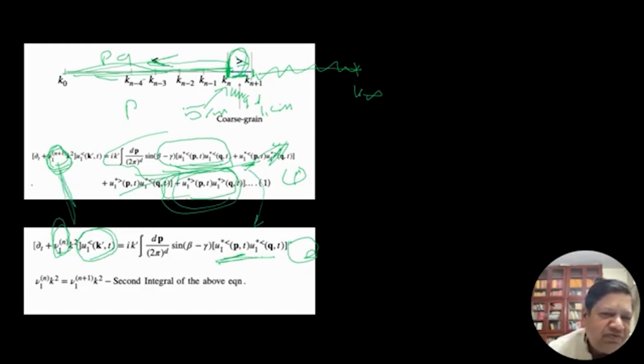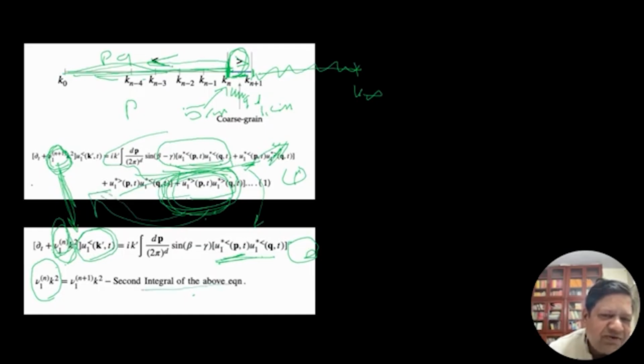Here my nu n plus 1 has changed to nu n, and this term is missing below. So basically my new viscosity, nu 1 n k squared, is this component, and I take this to the left hand side.